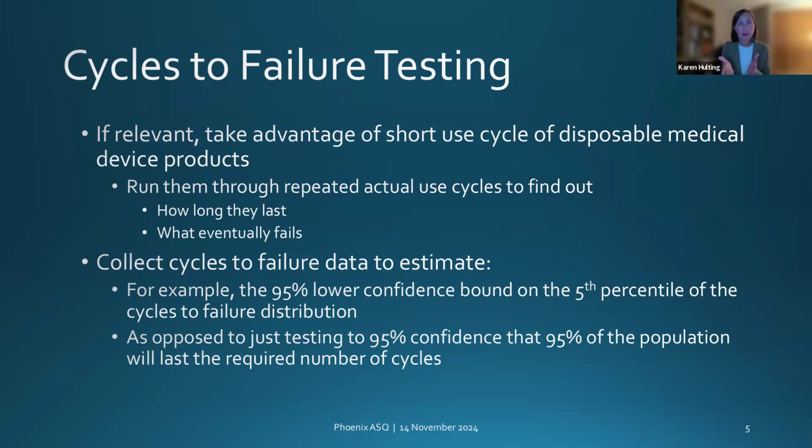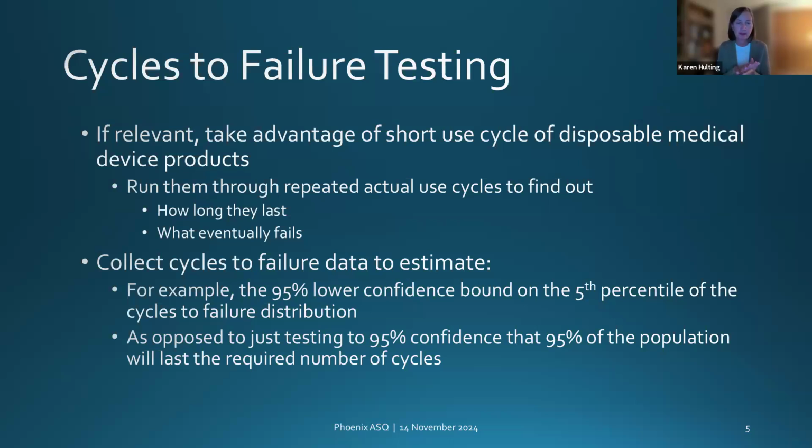Now, we have to have a fair amount of patience to do that. Oftentimes, there's pushback saying, well, we only need it to last for a couple of cycles. Let's just test a whole bunch of them to 2 cycles and show that almost all of them meet that 2-cycle requirement.